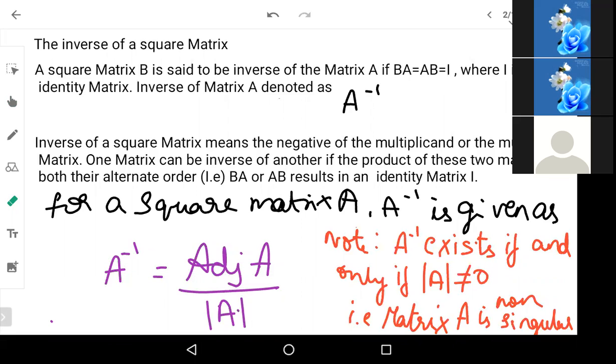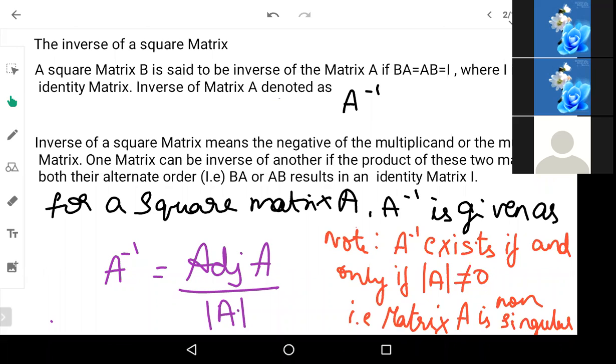Okay, good. Then A inverse will exist if and only if determinant of A is not equal to 0. So what they are trying to say is this determinant of A should not be equal to 0. Why should it not be equal to 0? Because anything that is divided by 0 will not give you a proper answer.